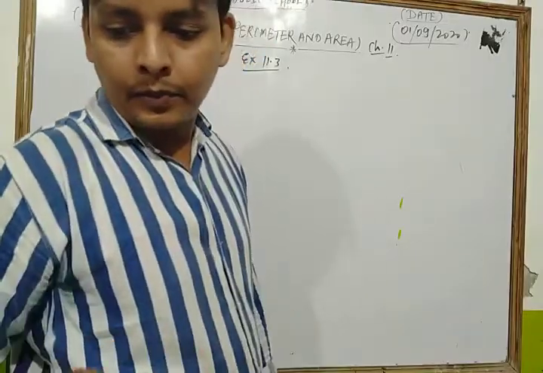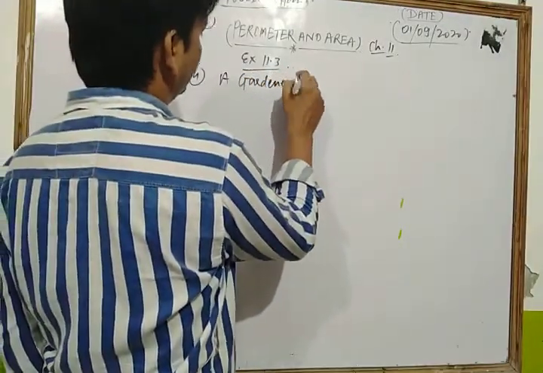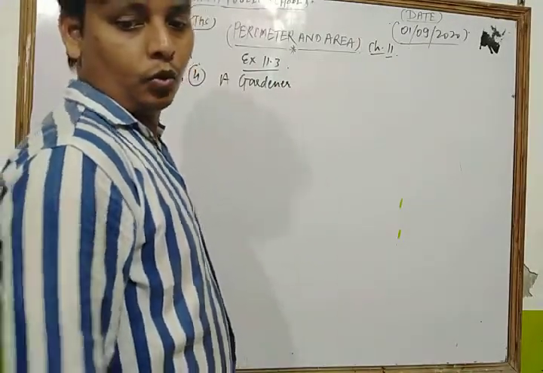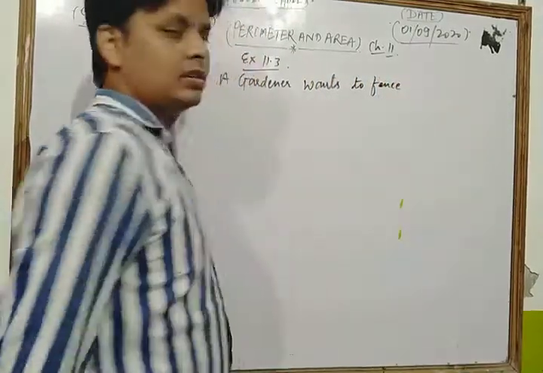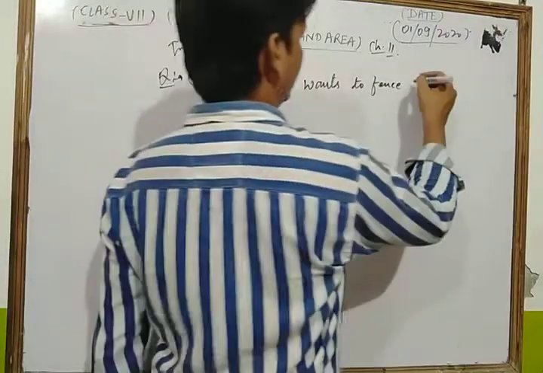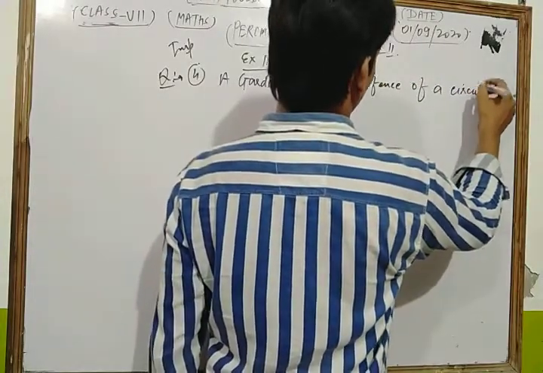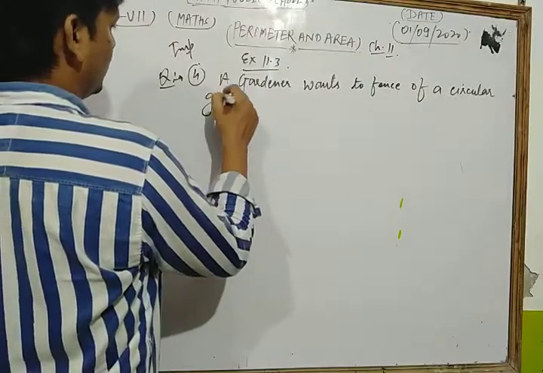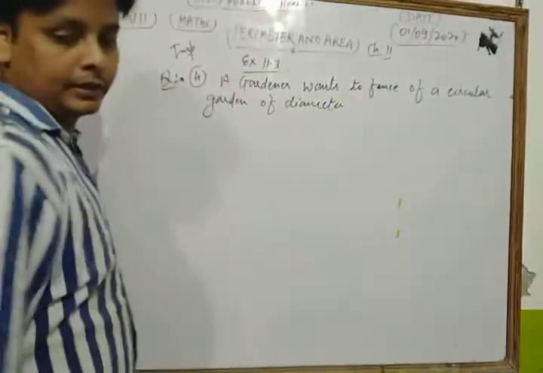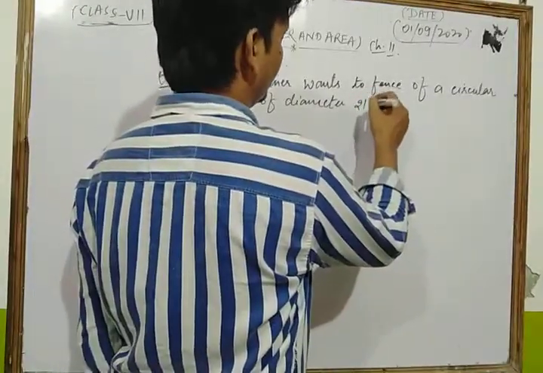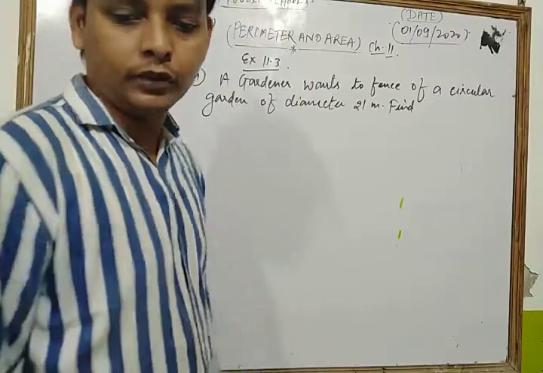Your question is: a gardener wants to fence a circular garden of diameter 21 meters.